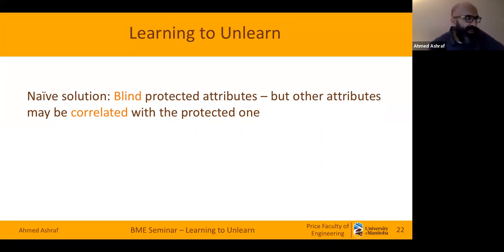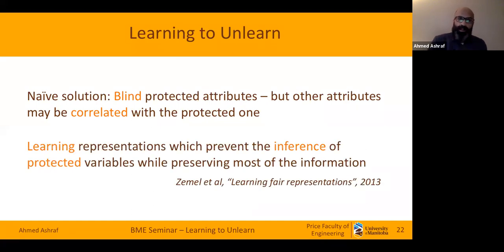Maybe you have blanked out the race of a person, but maybe there is some other attribute which is not race per se, but you can still figure out what the race of a person is, although that is blanked out. So this naive anonymization usually doesn't work. You can still infer the protected variables.